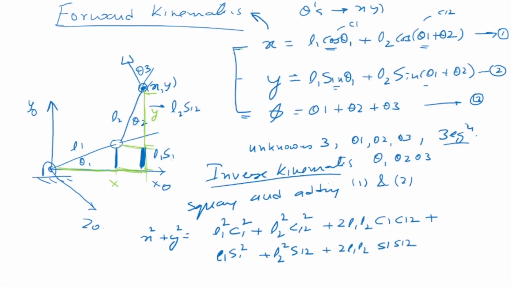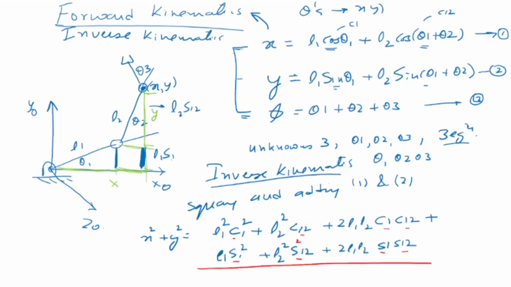I want to find out the values of theta 1, theta 2 and theta 3 for inverse kinematics. Now, squaring and adding, we see that there is a sine 1 squared and a cos 1 squared, sine 12 squared plus cos 12 squared, and here there is a sine 12 cos 12.